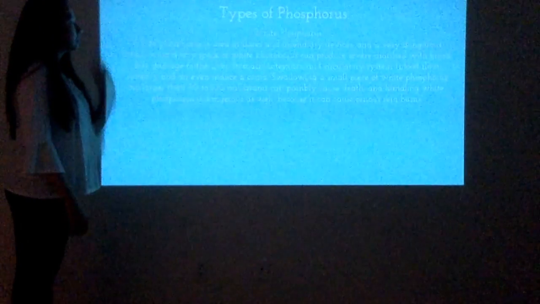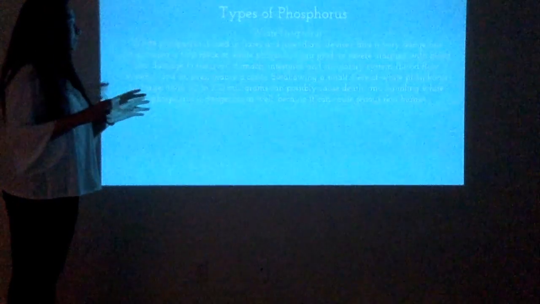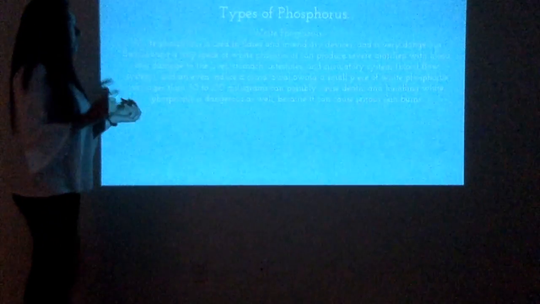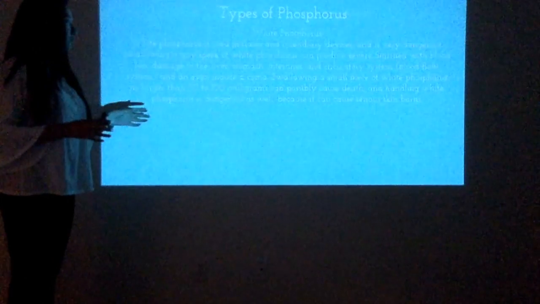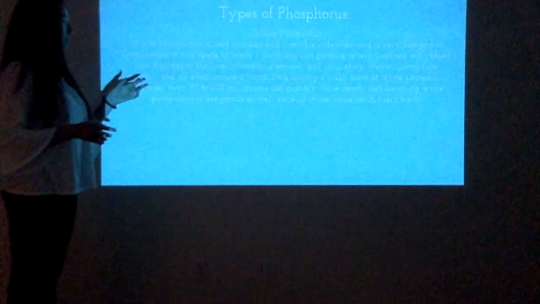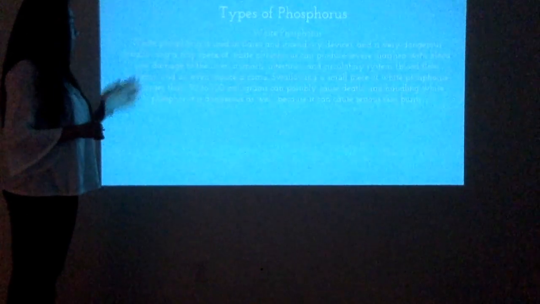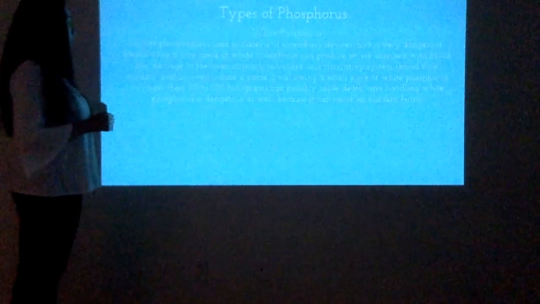So there are a couple different types of phosphorus, and I'm only going to name about two of them. The first kind is white phosphorus, and that is used for flares and explosives. Swallowing this type of phosphorus is very, very harmful to you.